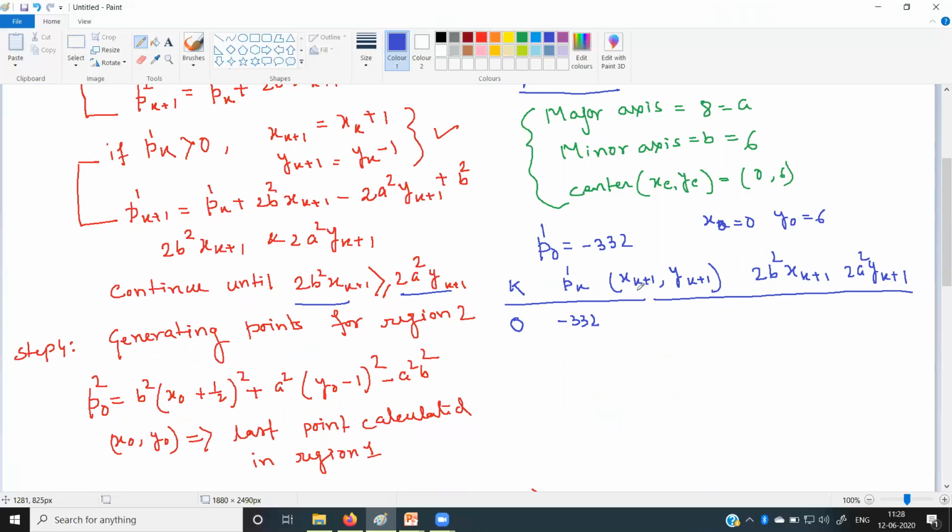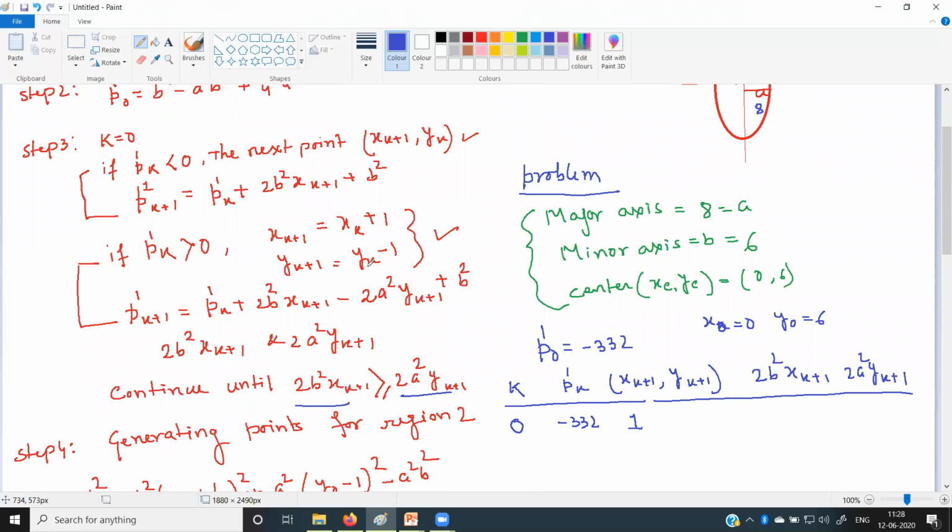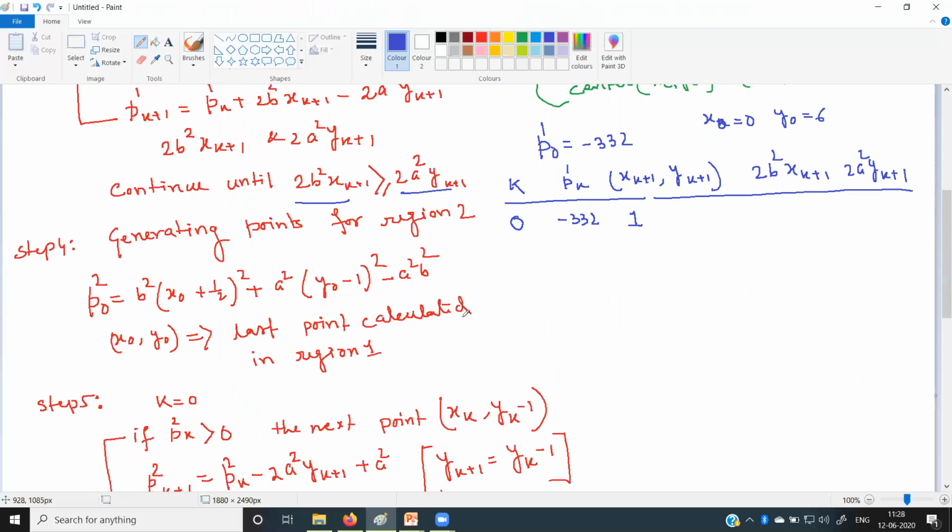Now we have to compute x1 and y1. x1 is xk plus 1, which means 0 plus 1, and yk plus 1 will be yk, so we keep it as it is, 6.